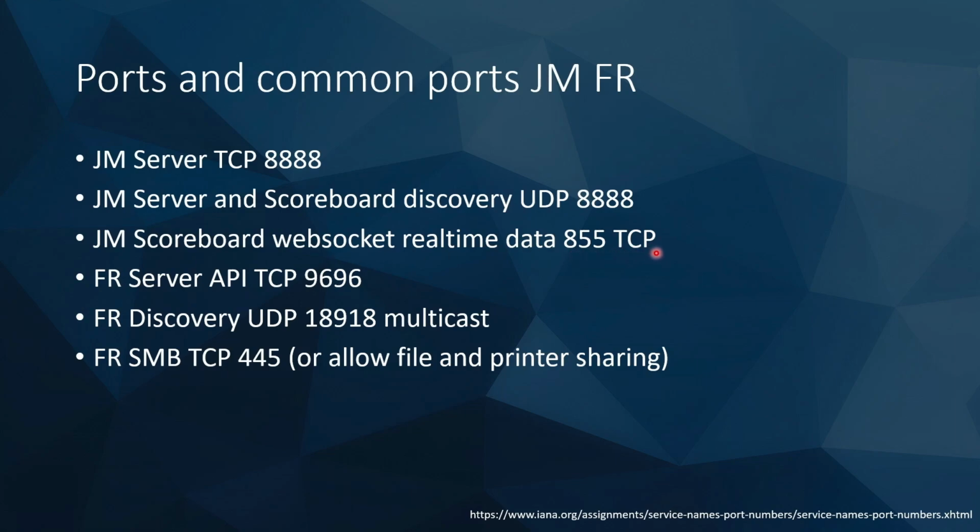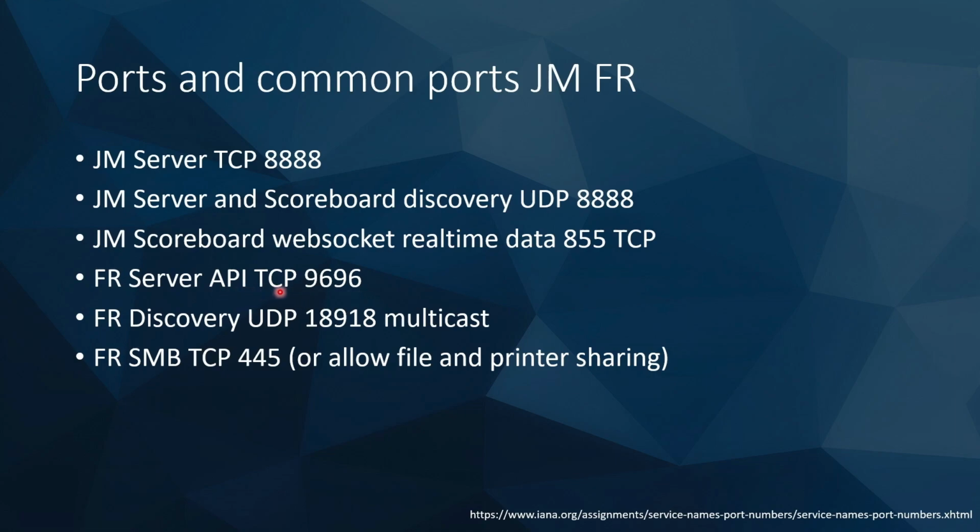Port 855 on TCP is used to get real-time data from the scoreboard. So when we connect from Packet Sender to find all of the scoreboards, it first listens to UDP 8888. And when you press active, it establishes a connection on 855 TCP.